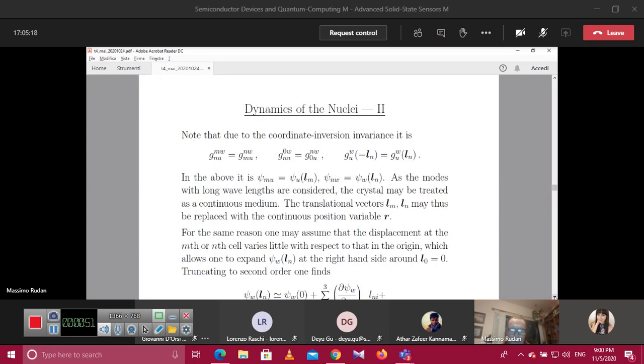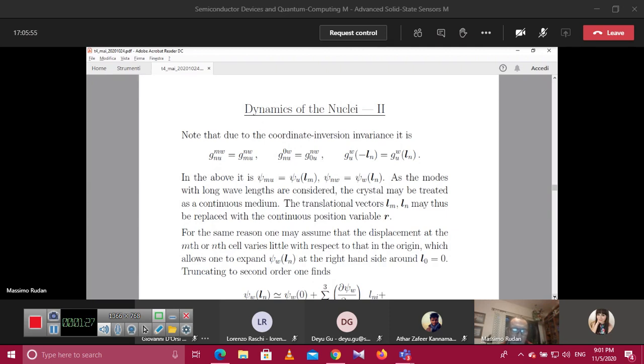You can see in the first line on the left that G up M, W, low N, U is equal to G up N, W, low M, U. Okay, so we can exchange the indices of the cell because the elastic matrix element depends only on the relative distances between the two cells involved or that appear in the coefficient.